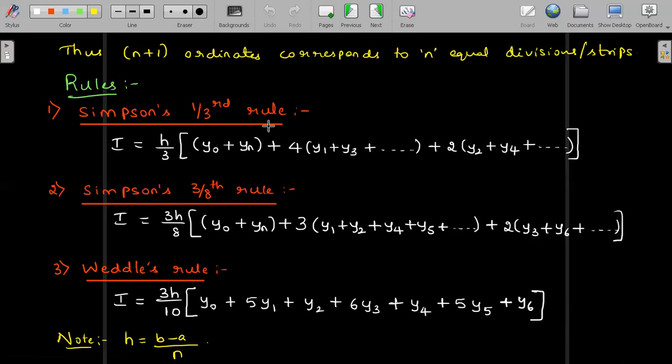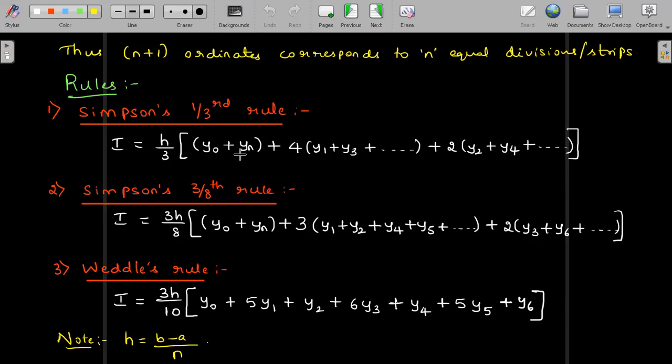Simpson's 1/3 rule is given by I is equal to, where we have denoted the definite integral a to b y dx as I, h divided by 3 into y0 plus yn plus 4 times y1 plus y3 etc. plus 2 times y2 plus y4 etc. So the first term is y0 under the ordinates and the last term is yn.